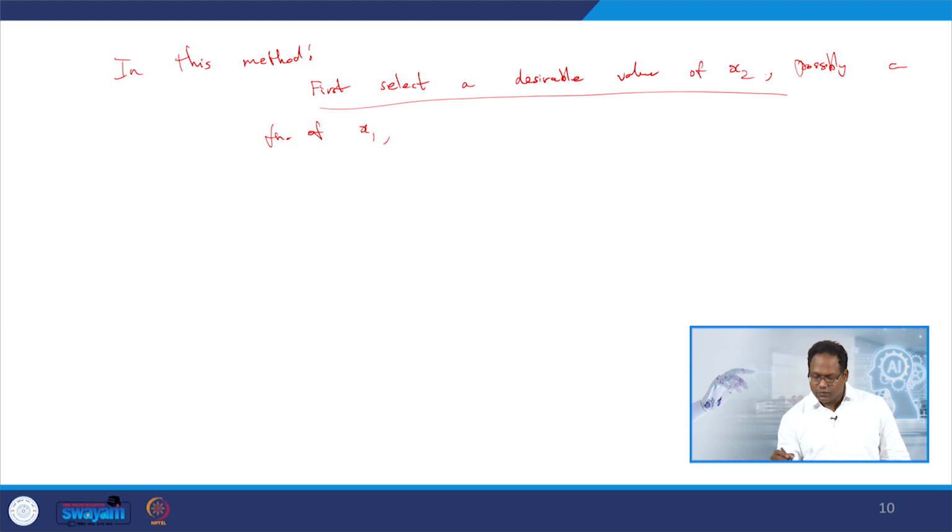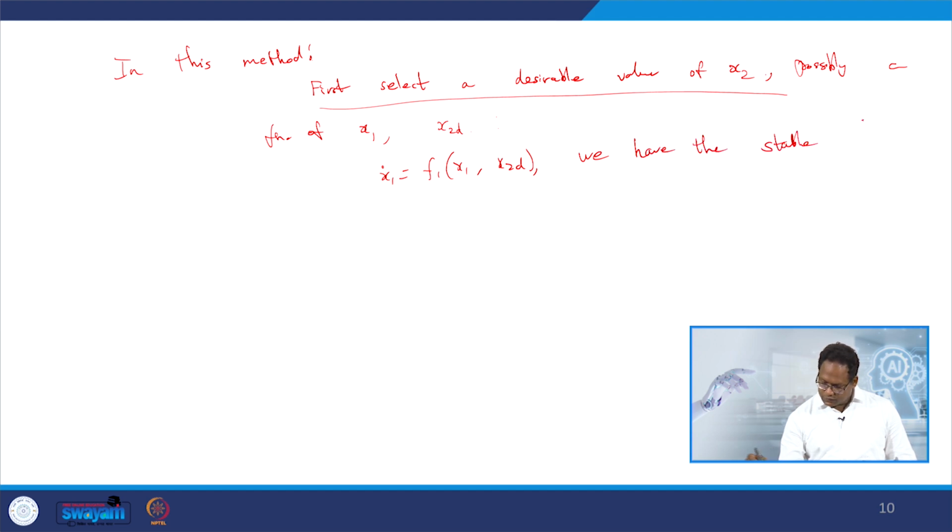Obviously, the desirable value will be represented by x2d, which is a function of x1, such that in the ideal system x1 dot equal to f1 of x1, x2d, we can have stable tracking of x1 of t towards x1d.